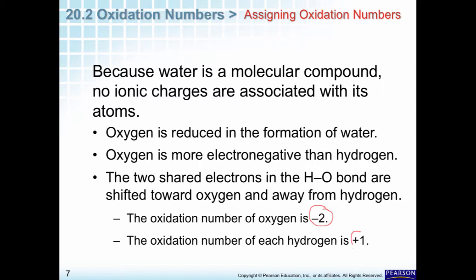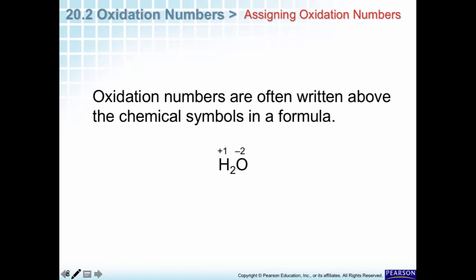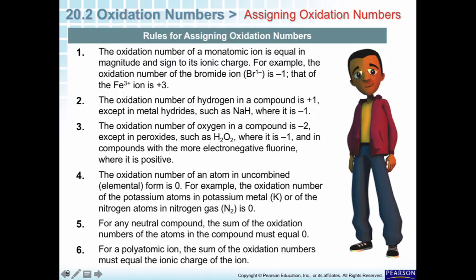And hydrogen is in group 1, so it's a +1. There's 2 of them, so therefore it's H2O. Okay? So it's basically the rules that you learned for charges would work here also. So sometimes we write the oxidation numbers above the chemical symbols, but most of the time you'll see them written just like you would charges.